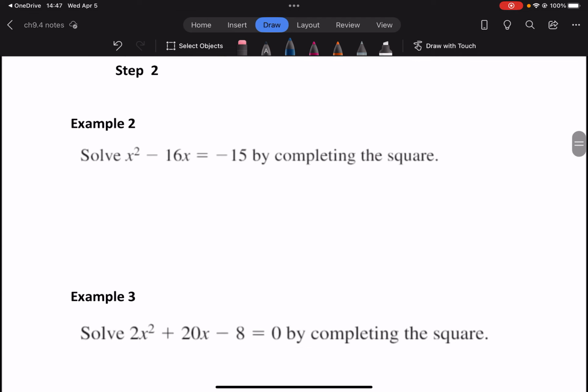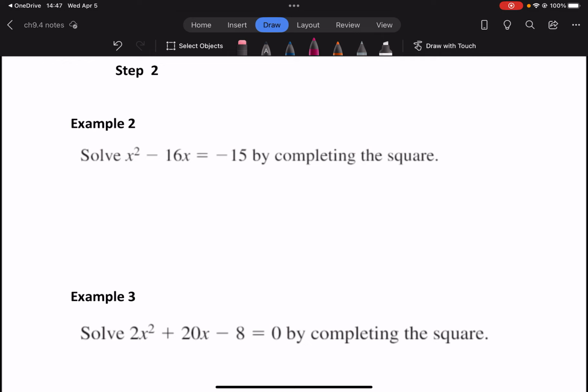So let's move on to this one. It says solve x squared minus 16x equal to negative 15 by completing the square. I would probably move the 15 over and factor, but that's neither here nor there.